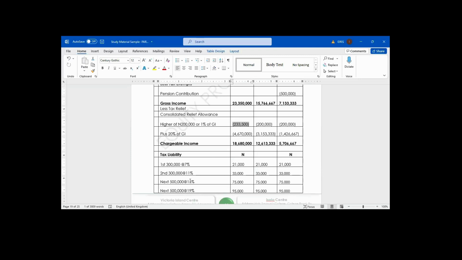If you take it out from 23,350,000, I did not get this 18,680,000, sir. This 23,350,000 minus 233,500, yes, sir, minus 4,670,000.